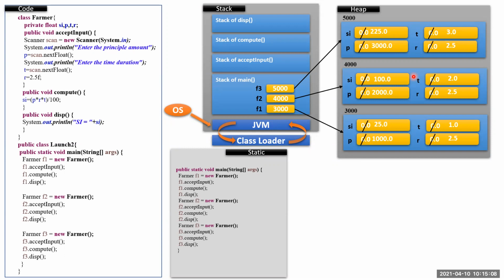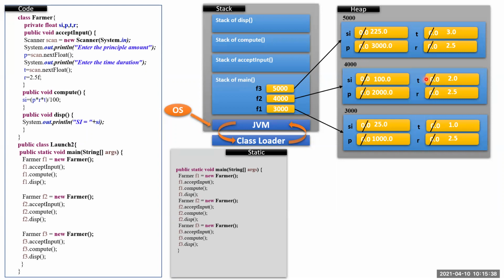Now you might say, sir, what's the problem? One single variable, sir, no problem. Yes, in this program, no problem. But think about it. R is of what type? What is the data type of R? Can anyone of you tell me? What's the data type of the R variable? Float. How many bytes does it consume, if you remember from the data type class? 4 bytes. Exactly. R is consuming 4 bytes.